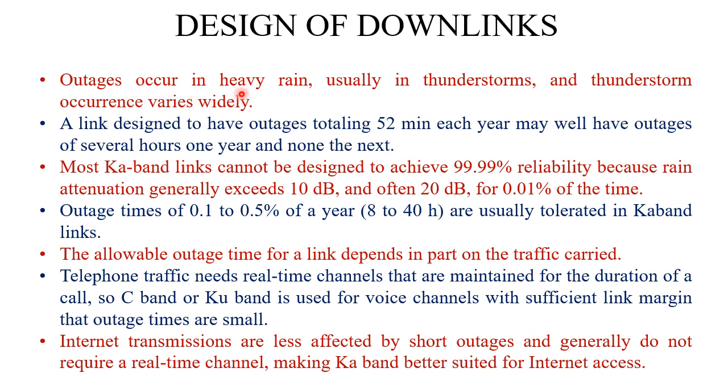Outage occurs in heavy rain, usually in thunderstorms, and thunderstorm occurrence varies widely and depends on various factors. A link designed to have outage totaling 52 minutes each year may well have outages of several hours one year and none the next.